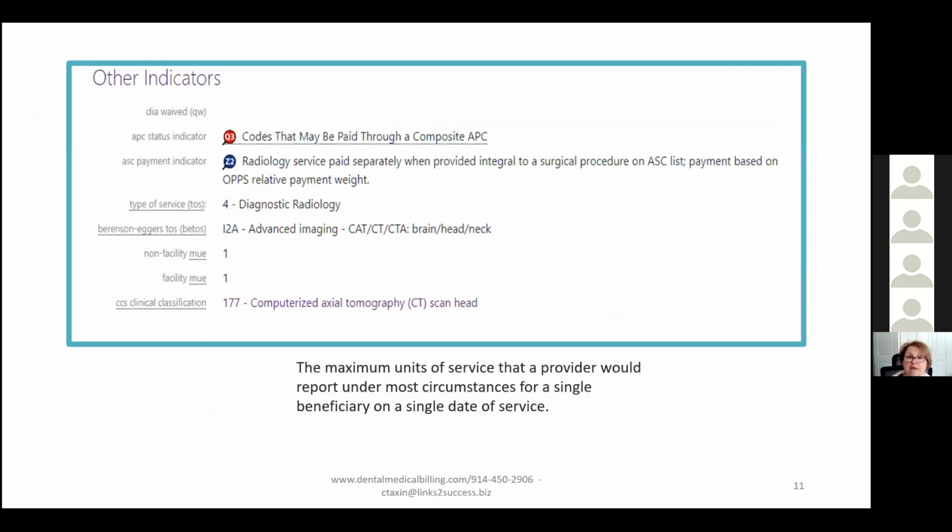Radiology service paid separately when provided integral to a surgical procedure that's on the list of treatment. So we should bill for the radiology taking of the film and then bill for the reading of the film.